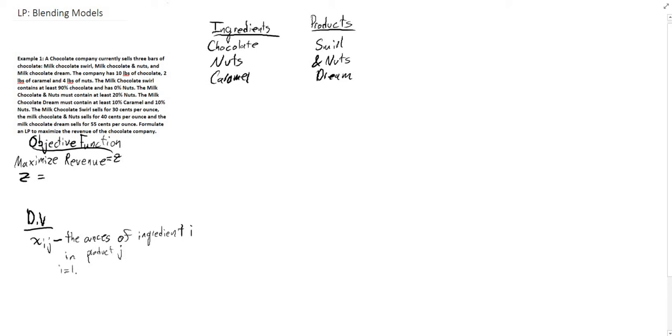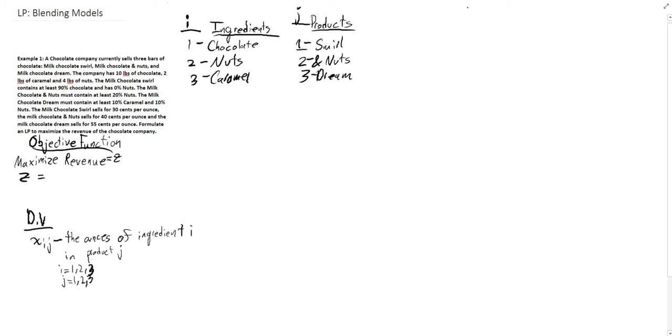Of course, i is going to equal 1, 2, 3, and j is going to equal 1, 2, 3 as well. So we can see that this is going to be our i right here, and this is going to be our j.